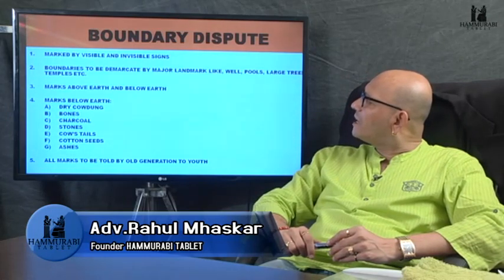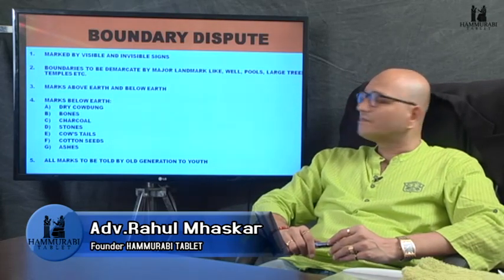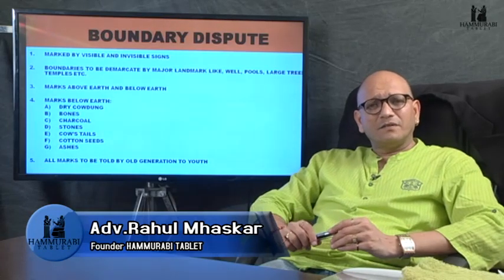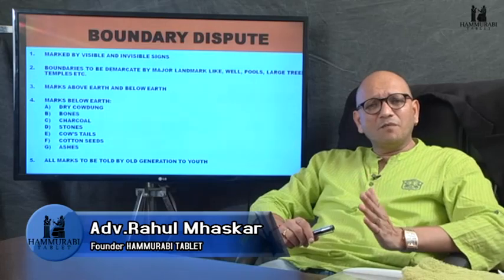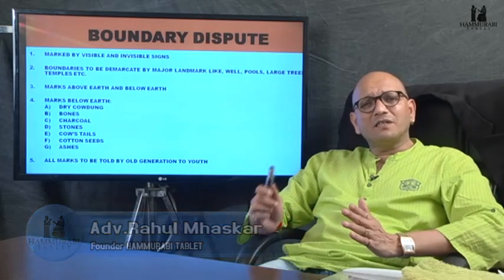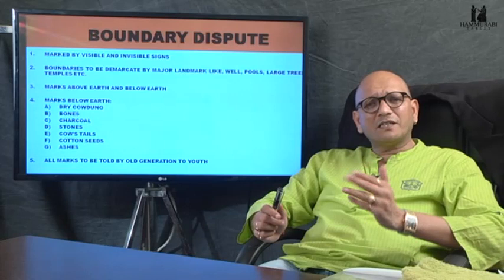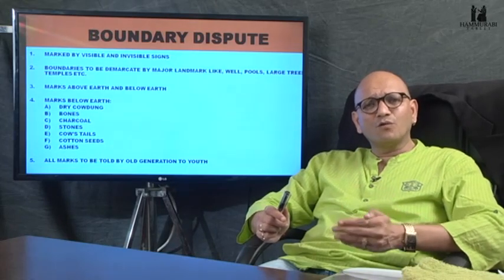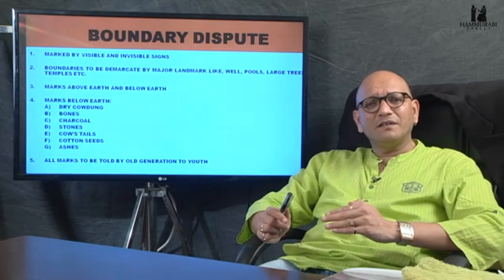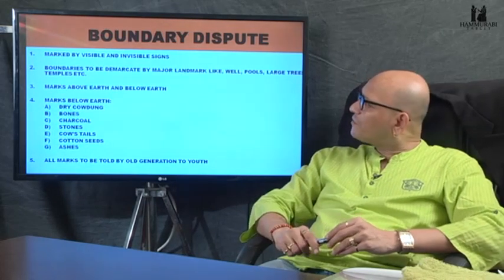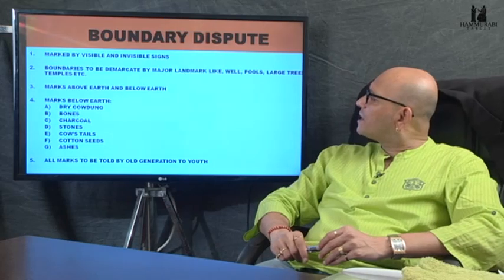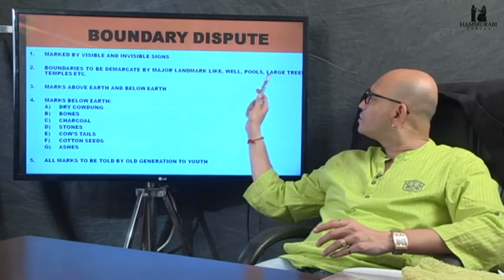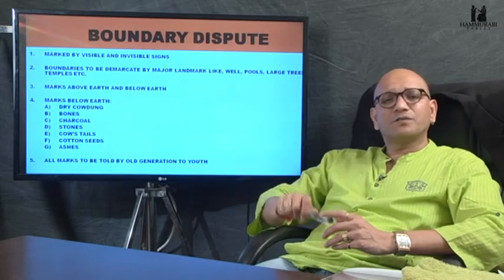Marked by visible and invisible signs. Any boundary has to be marked with proper visible and invisible signs. Visible is something which can be easily seen, and invisible are those which cannot be seen. Then we have boundaries to be demarcated by major landmarks like wells, pools, large trees, temples.